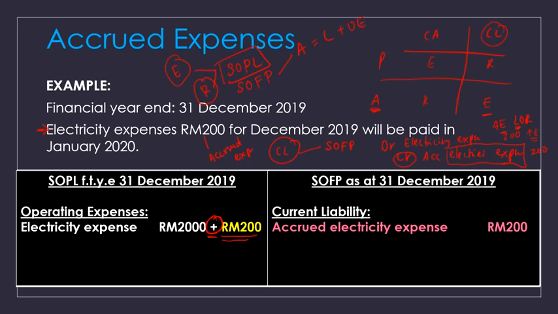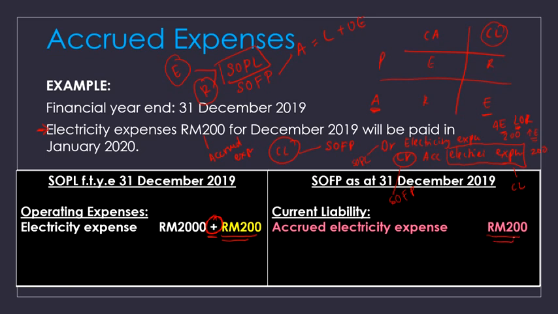Okay? Next. Since ni dah pun dekat statement of profit and loss, so therefore ini dekat statement of financial position, sebab dia current liability. Accrued electricity expenses ialah you punya current liability. So you masukkan saja dekat bawah current liability ni, you tulis accrued electricity expenses 200.